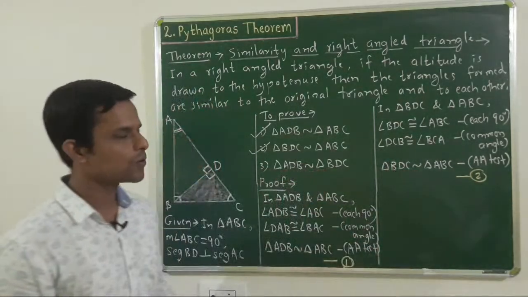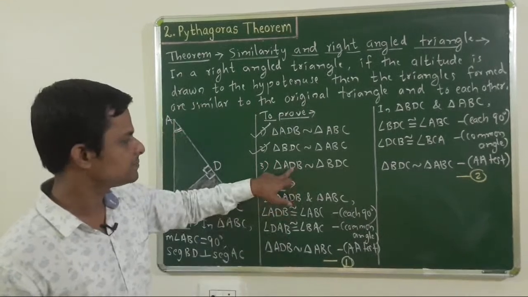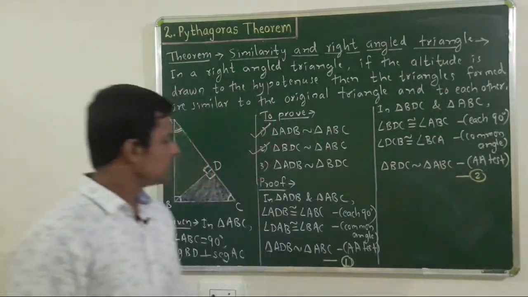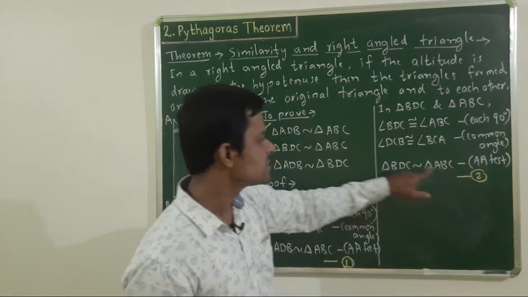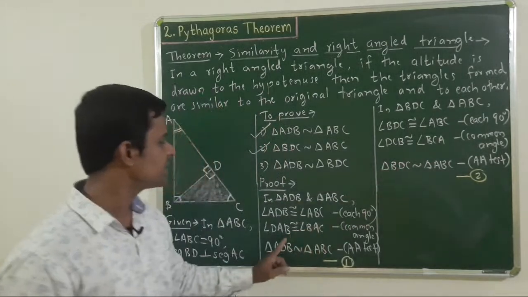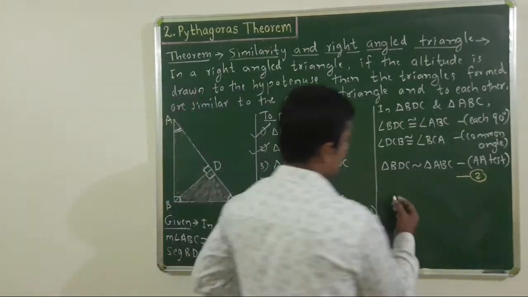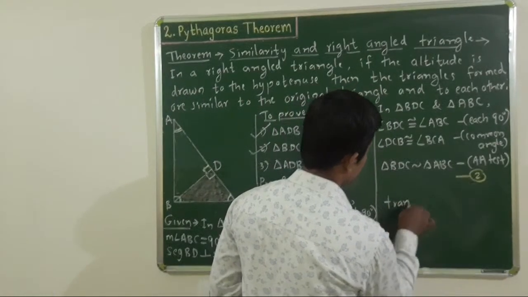We'll prove it straightforward, that is, triangle ADB is similar to triangle BDC. For that, observe statements number 1 and 2. ADB is similar to ABC and ABC is similar to BDC. Therefore, can I write directly that ADB is similar to BDC? For that, we know the transitivity property.